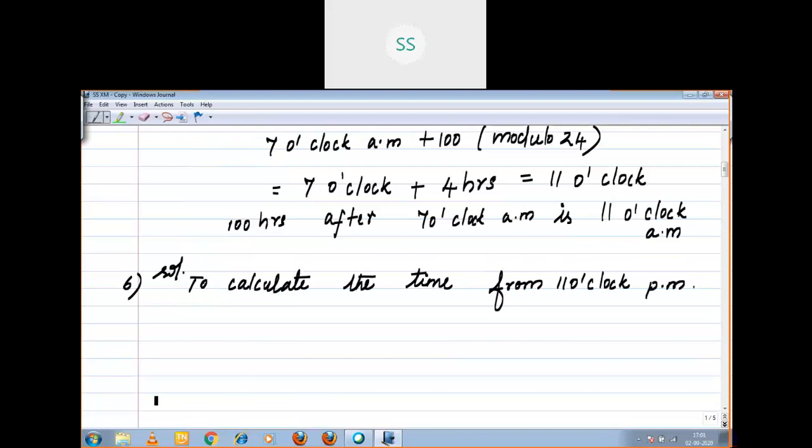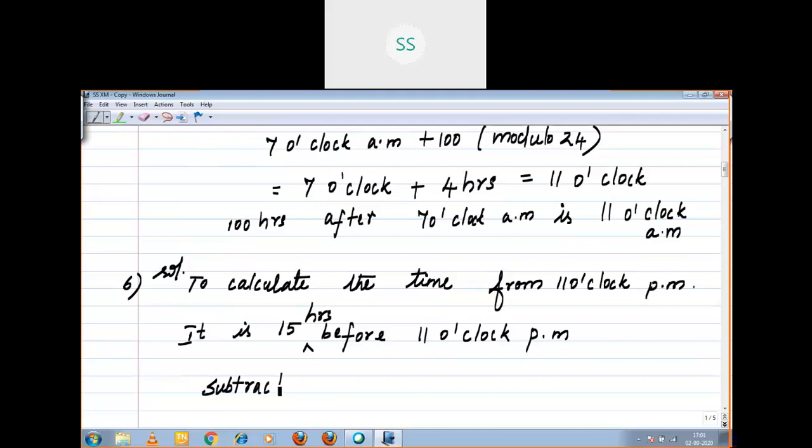So you are going to subtract 15 from 11.